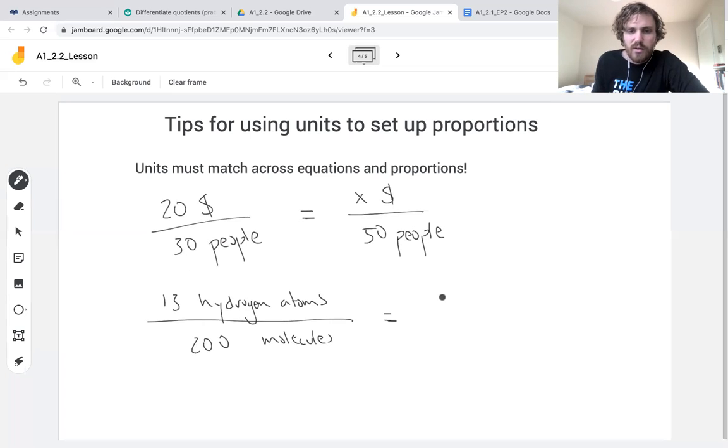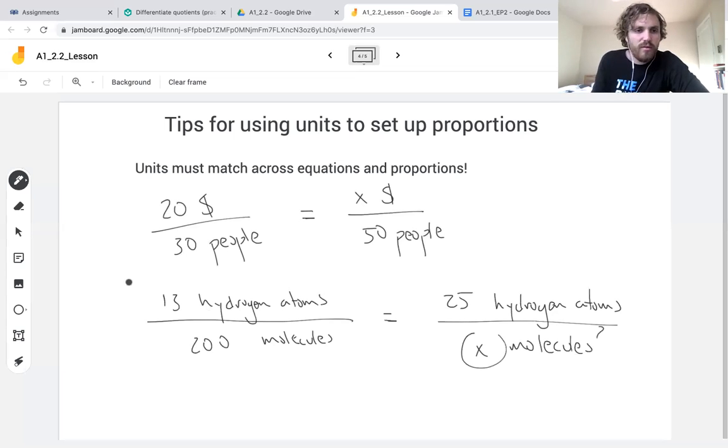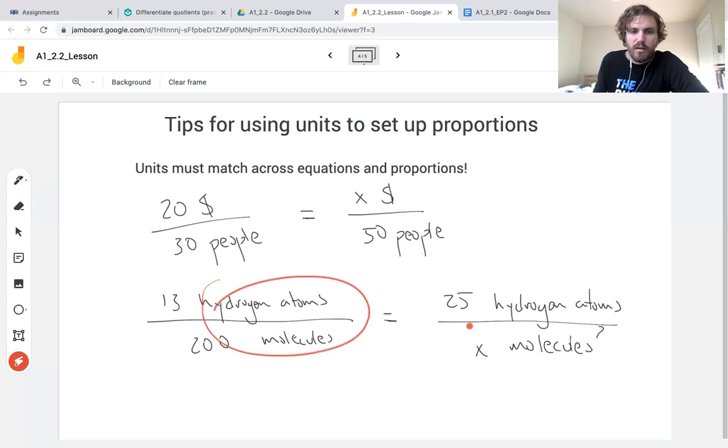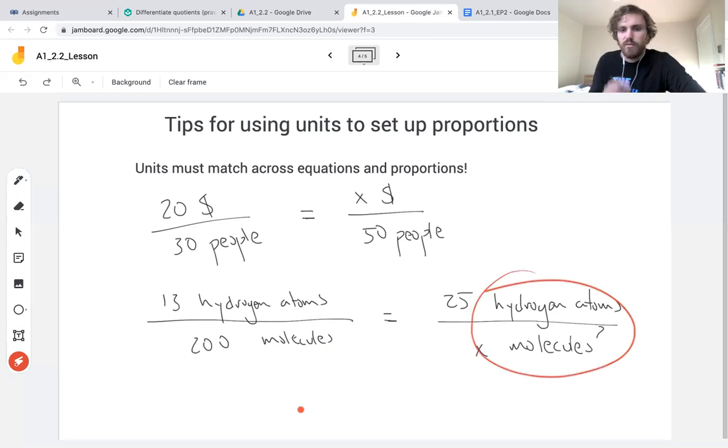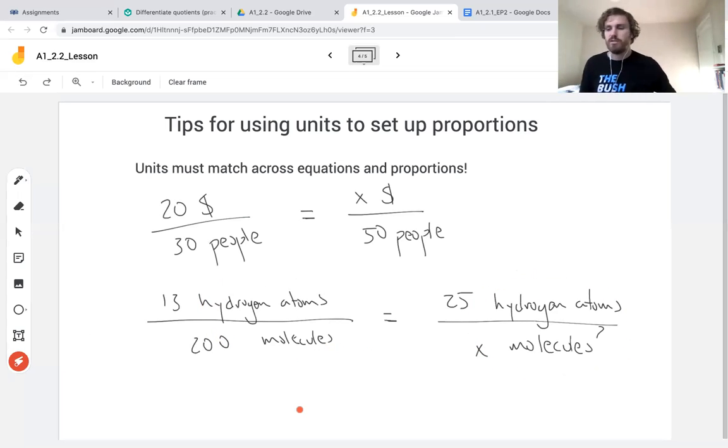And then that could be equal to, say, 25 hydrogen atoms per how many molecules? So you could then figure out how many molecules I am going to have if I have 25 hydrogen. But again, you'll notice hydrogen atoms over molecules. So we really want to make sure that those units match.